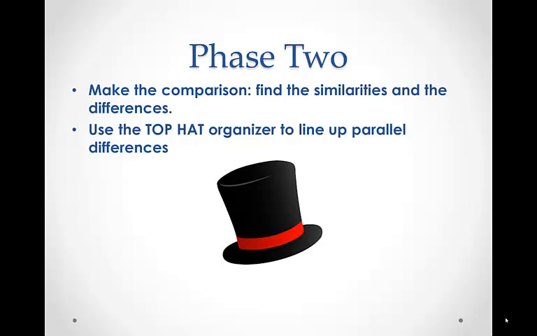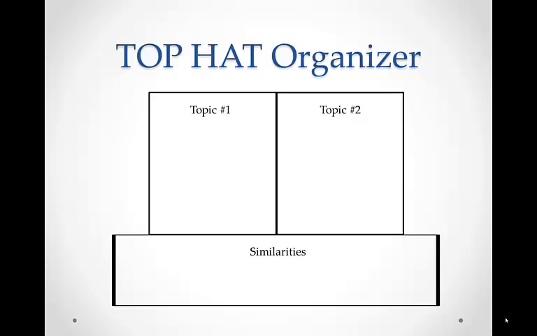The next phase is after they do their descriptions, they're to find the similarities and the differences. And instead of that type of organizer I found, the suggestion out of the Core 6 book is to use something called a top hat organizer. And if you look at it, it does look like a top hat.